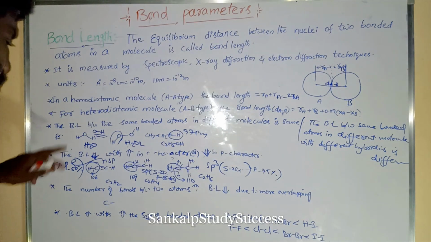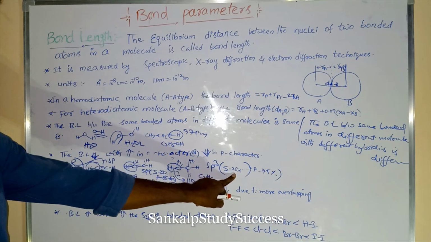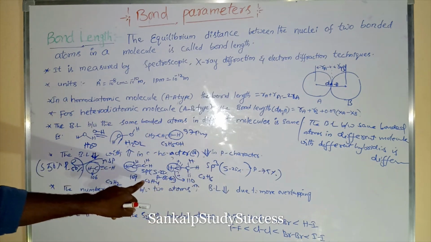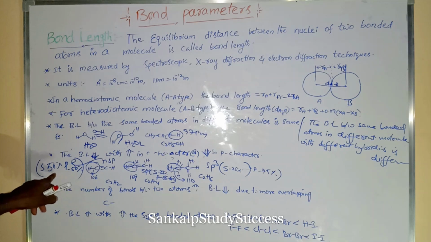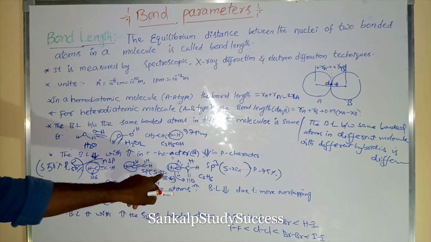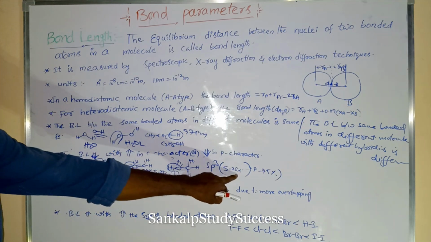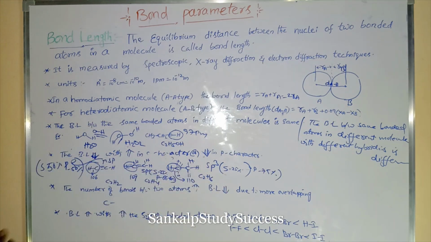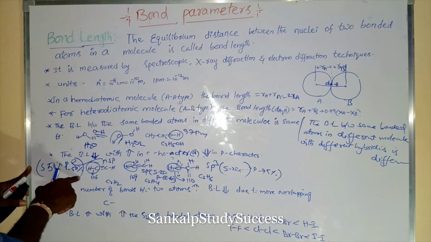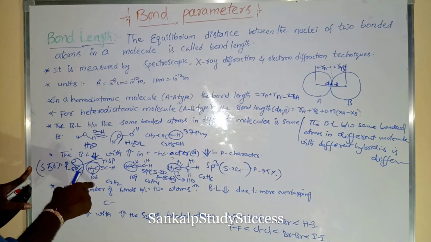So if we observe these values, in acetylene the S character is 50%, in ethene the S character is 33%, and in ethane the S character is 25%. So the S character is high in acetylene, so its bond length is less, 106.